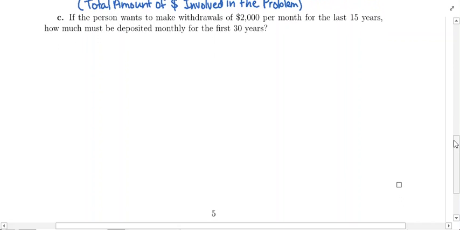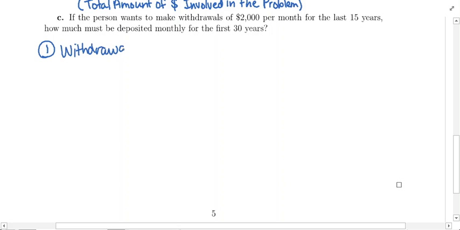All right, so let's start this problem. We know that the person wants to make withdrawals of $2,000 per month for the last 15 years, which is the retirement phase. So we're going to start this time with the withdrawal phase.